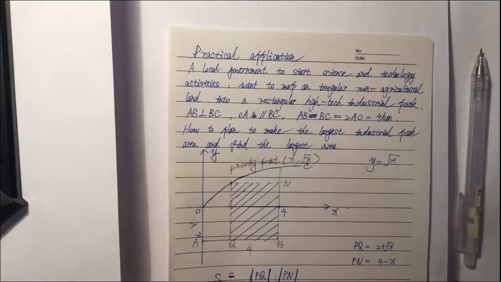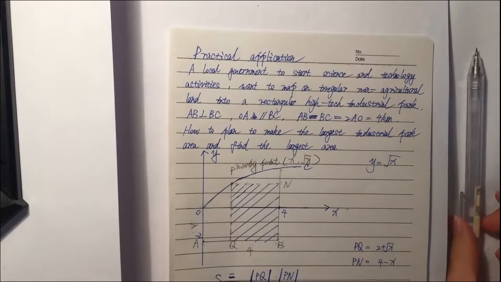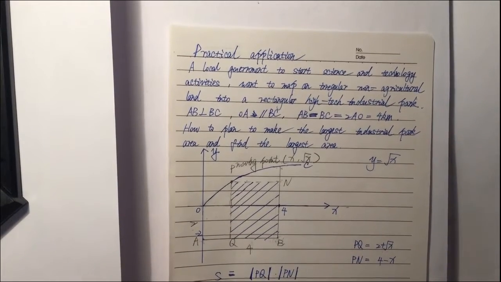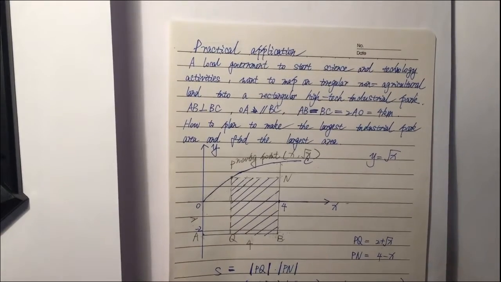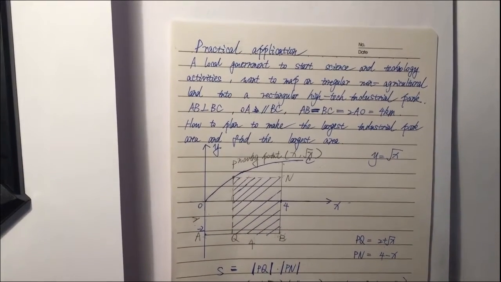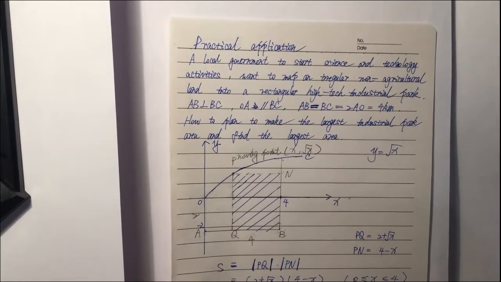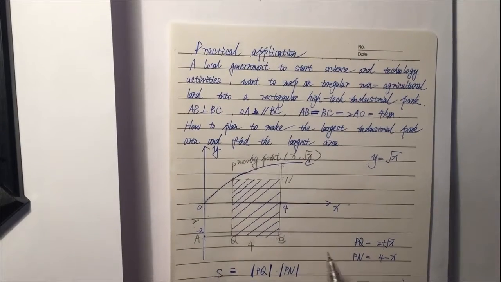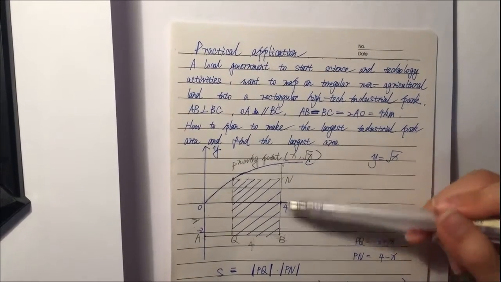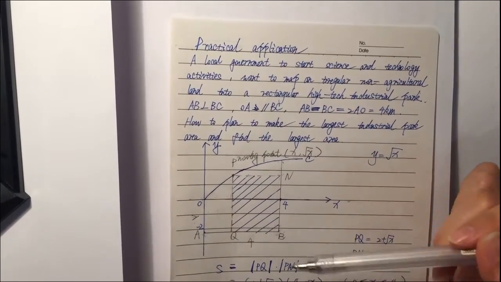Hello, I'm Maris. Today I will show you an example of a practical application of derivatives. A local government wants to start science and technology activities, so it wants to map an irregular non-agricultural land into an industry park. As shown in the picture, AB is perpendicular to BC, and OA is parallel to BC.